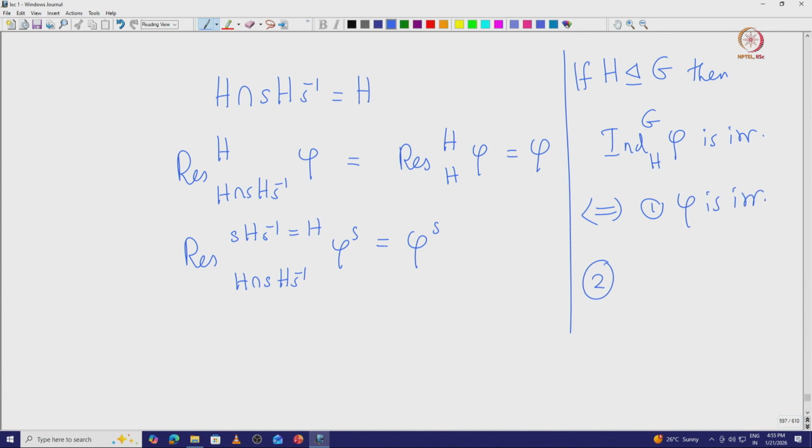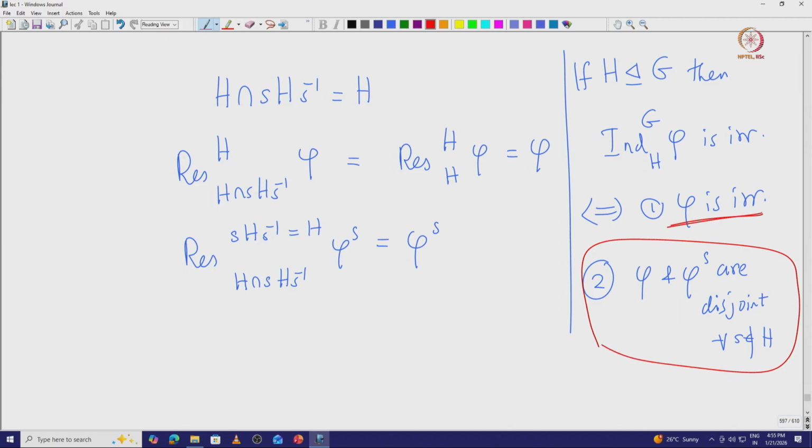The second thing is these representations phi and phi S, which is obtained by twisting, are supposed to be disjoint for all S not in H. But this one can also replace, because already we know that phi is irreducible, so phi does not appear in phi S. So, we can replace it by this.